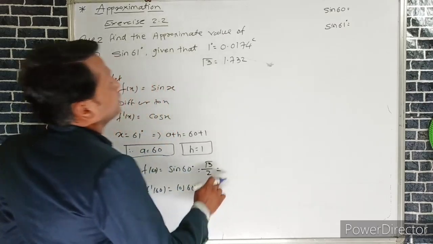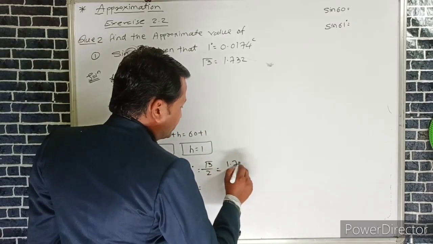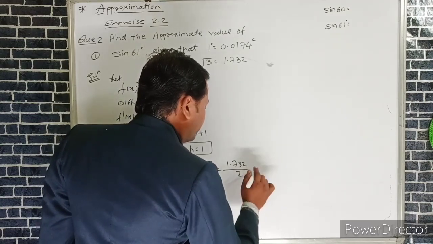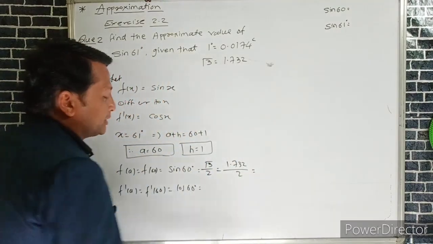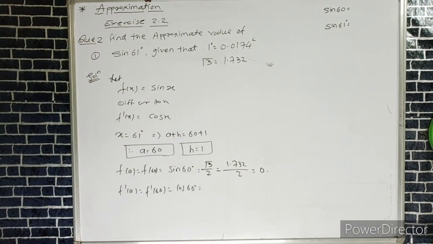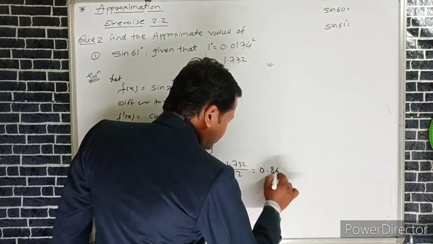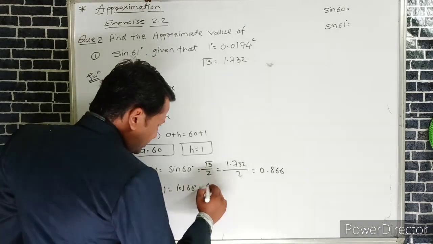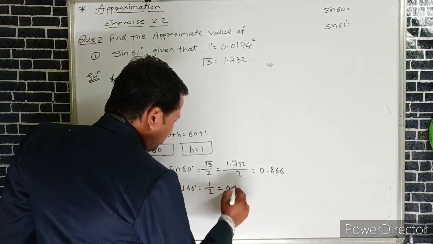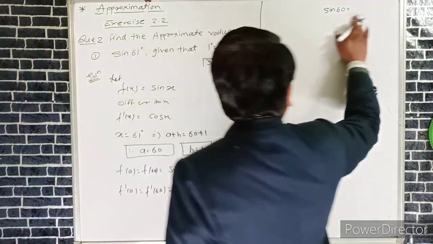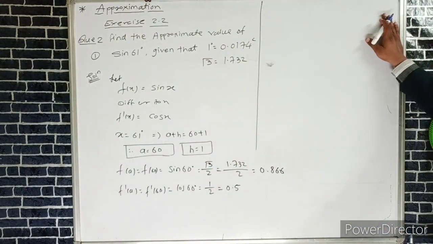Here the value of under root 3 is 1.732, upon 2, which is 0.866. So again, the value of cos 60 degree, meaning 1 by 2, is 0.5. By using these values, we can find the approximate value of sine 61 degree.